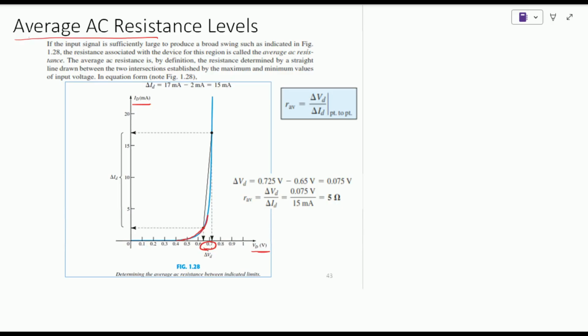Before the knee voltage the current increased, and after some time it crossed the knee voltage at this point, and then it became flat, moving towards a saturation value. When this happens, we say there is a broader swing, which means we had a larger input, and thus the analysis is now in the domain of the average AC.